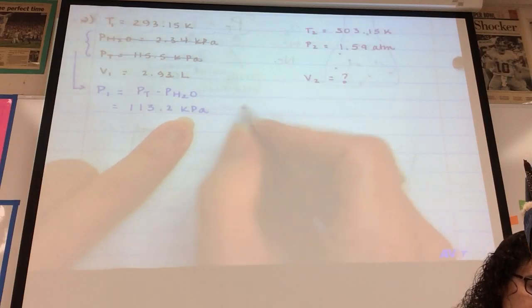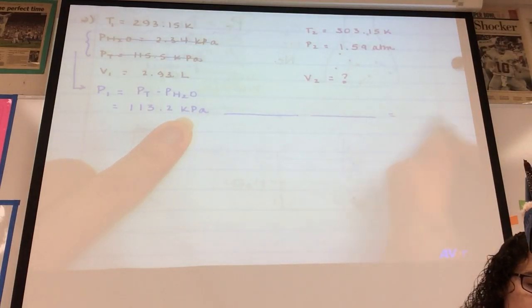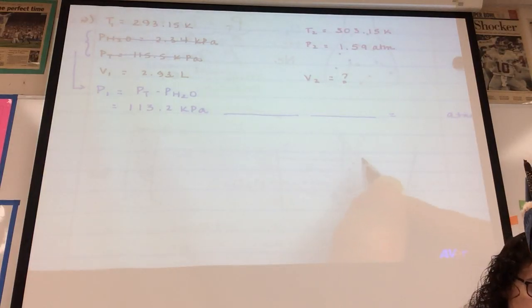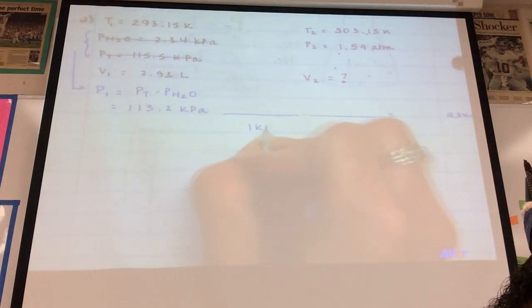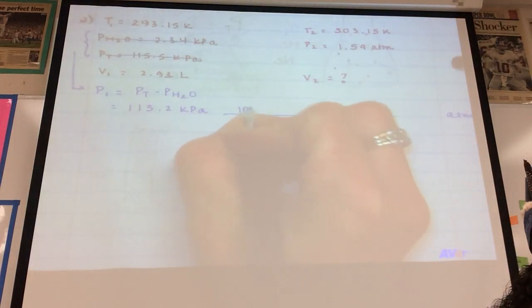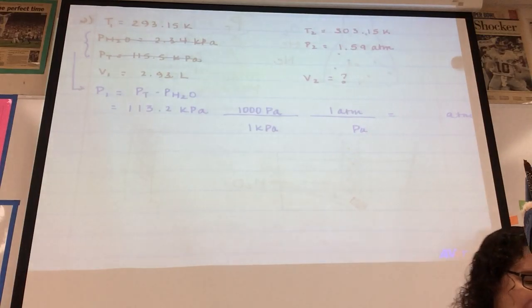So I gave you kPa, and I will provide you with those equalities, and you can do a simple conversion from kPa. 1 kPa is 1,000 pascals, and then 1 atm is 101,325 pascals.